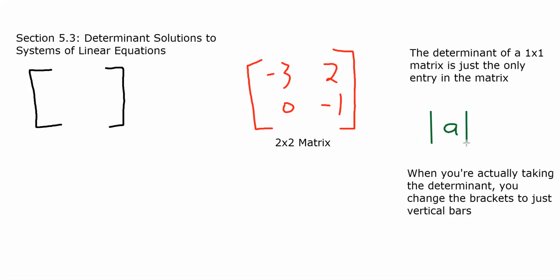It's almost like you're taking the absolute value, which also is not a terrible comparison to make. So the determinant of a 1x1 matrix with just a single entry is that entry itself. It's kind of arbitrary. What else would it be?